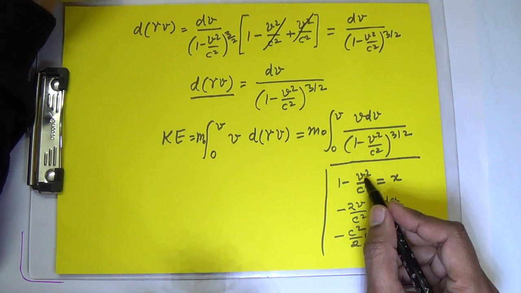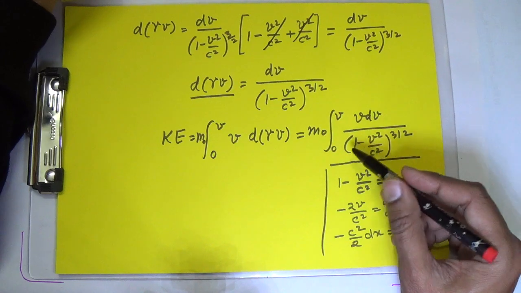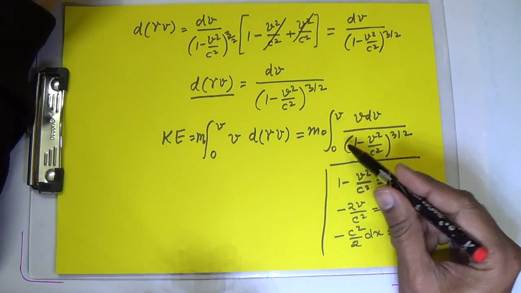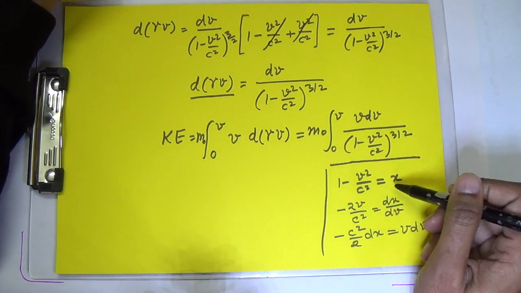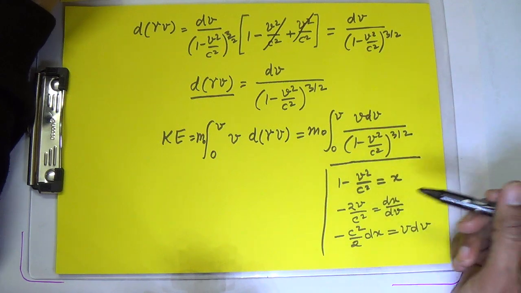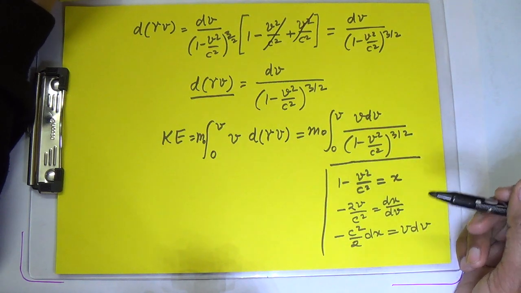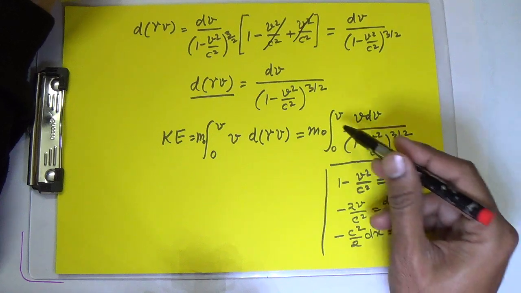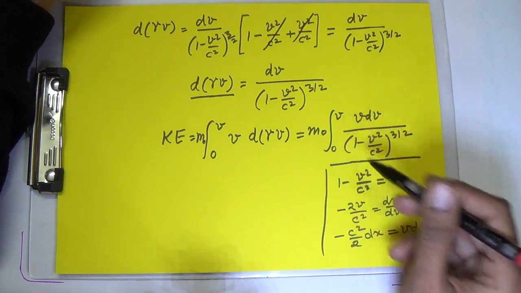If I put the value of v, when v is equal to 0, x is equal to 0, and when v is put, x is equal to v, almost the same.